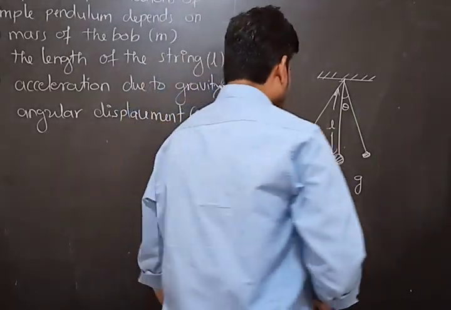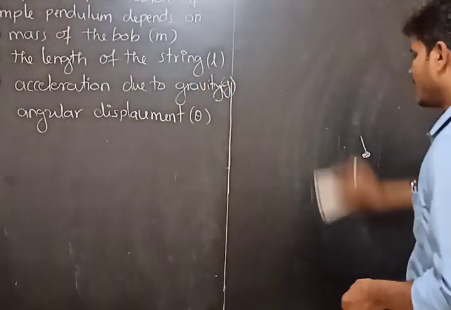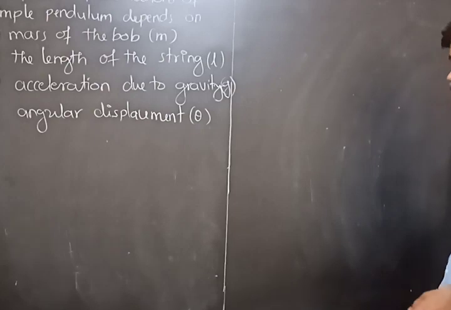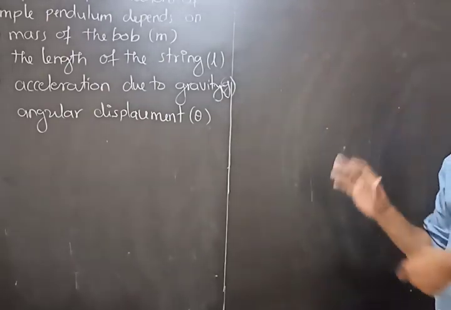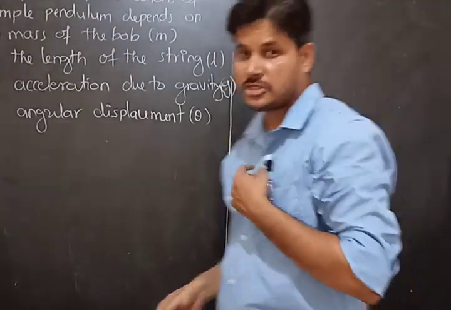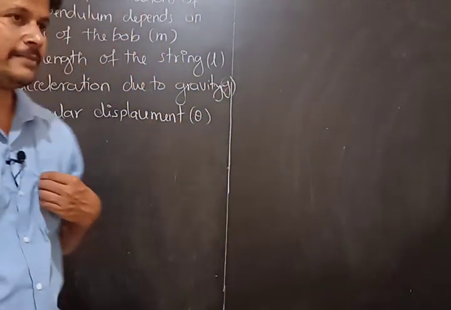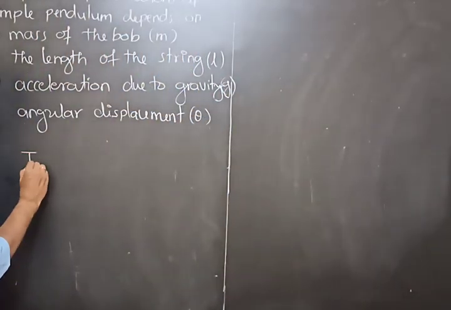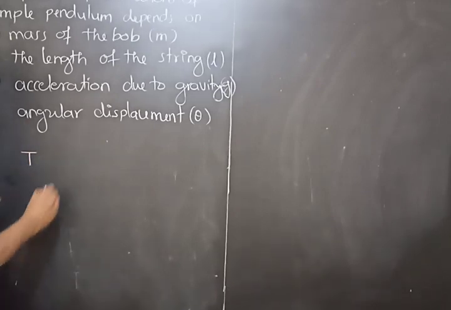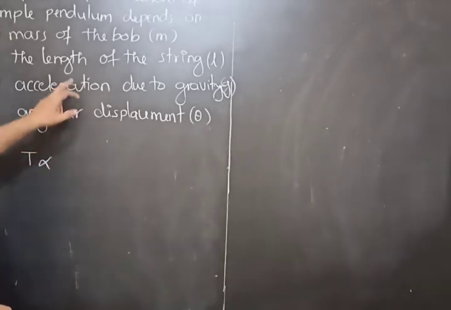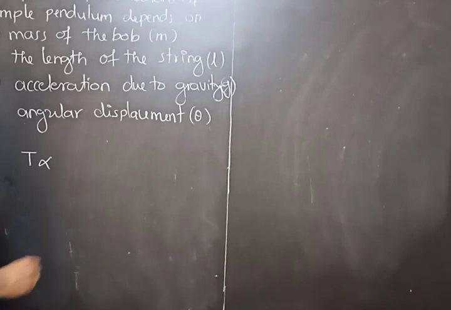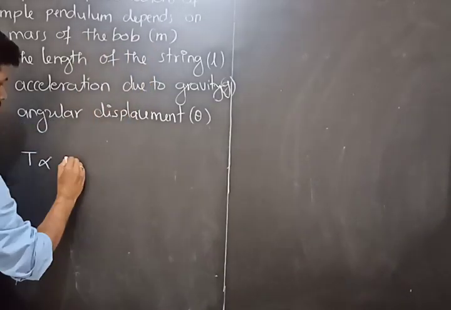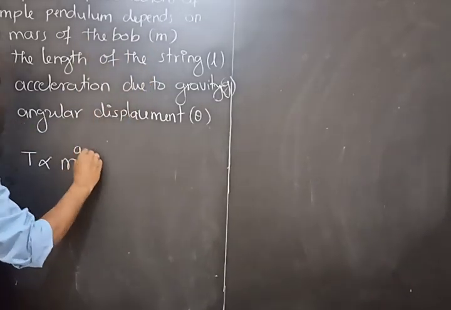Now listen properly. I am going to once again derive the equation for the time period of the simple pendulum using dimensions. This time period T depends on what? First, the mass of the bob, m raised to a.